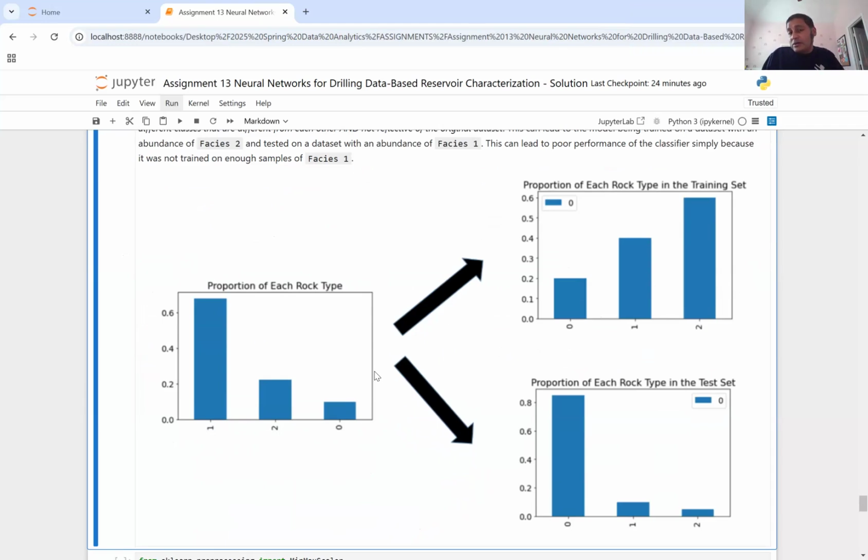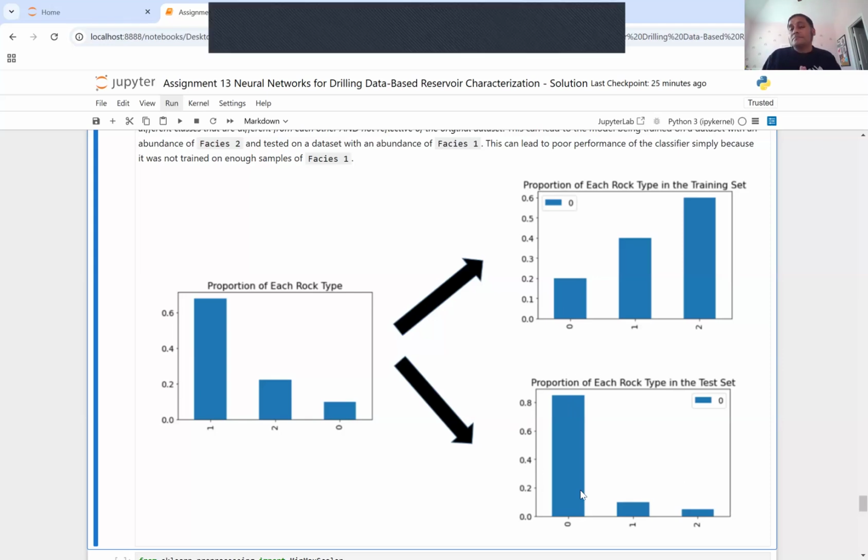And perhaps when we do a training and a test split, which is done entirely randomly, we may end up with facies proportions in the training set that look something like this, and in the test set that looks something like this.